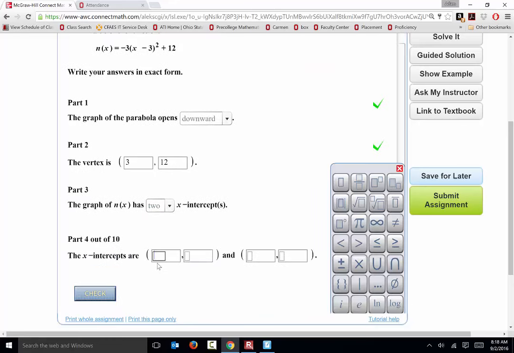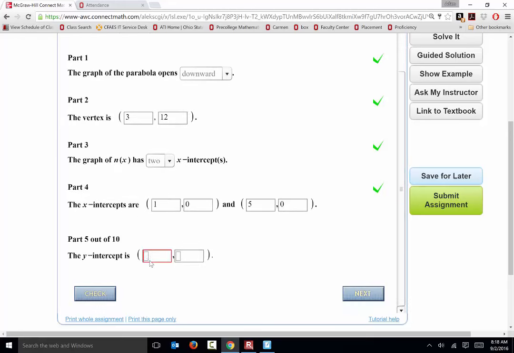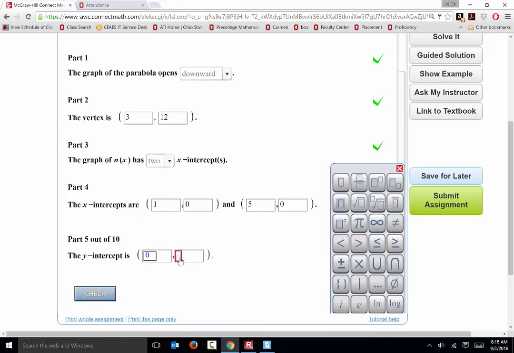They were 1, 0 and 5, 0, right? Y-intercept was 0, negative 15.